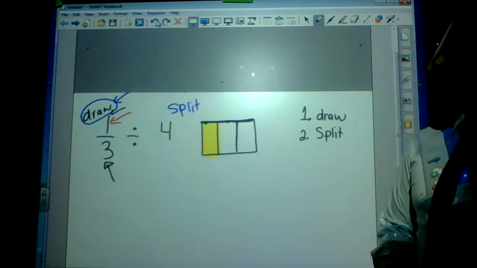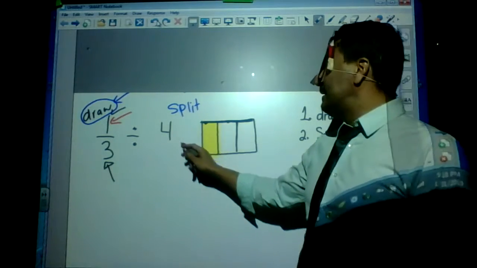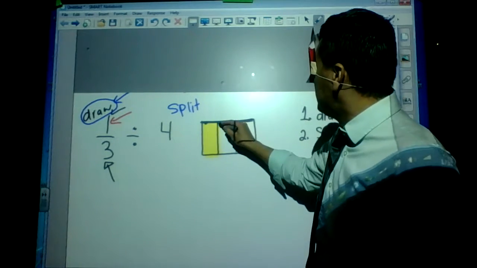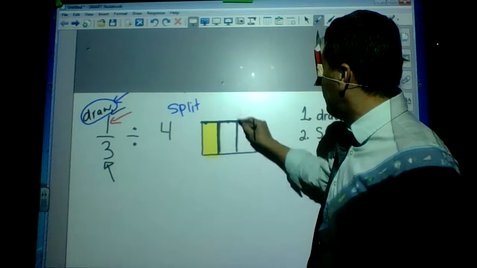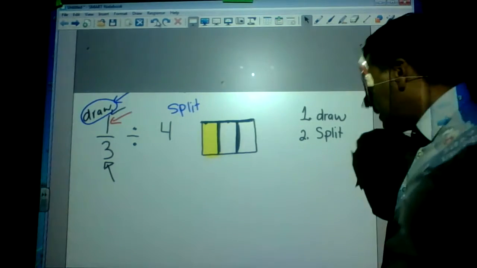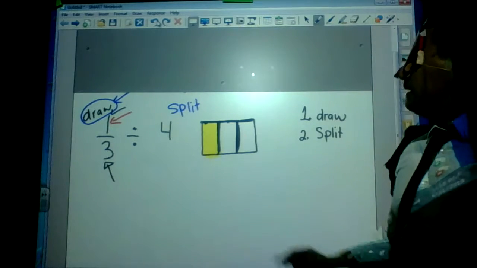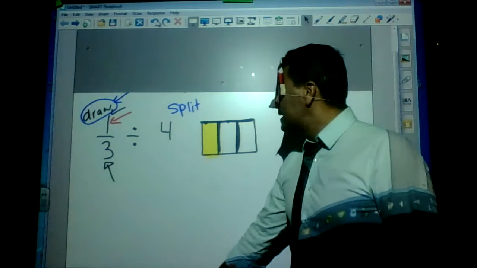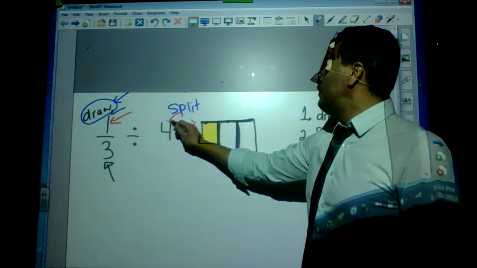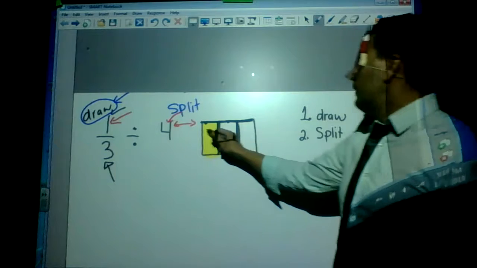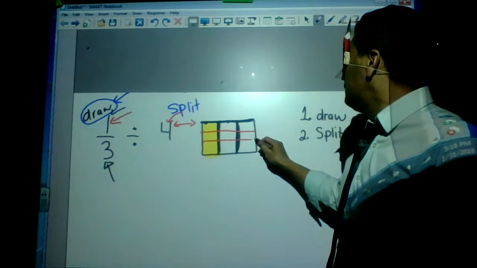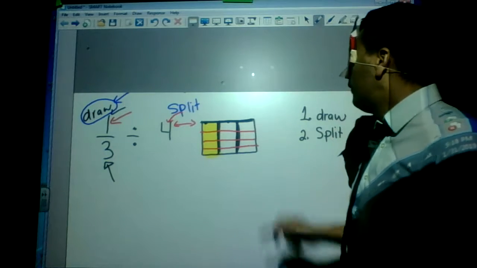A good rule to remember is when you split, this house has been split like this, going up and down. Well, I'm not going to split it up and down again because that's going to mess up things. I'm going to split it horizontal. I need to split it into 4. So here is 1 piece right here, 2, 3, 4.